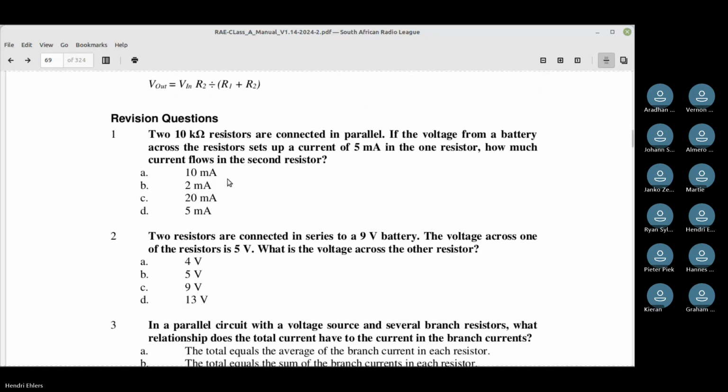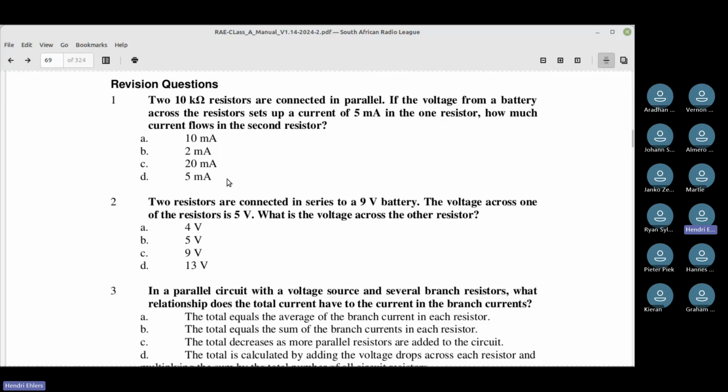So let's see the revision questions, how many of them we can answer correctly. Two 10K resistors are connected in parallel. If a voltage from a battery across those resistors sets up a current of 5 milliamp in one resistor, how much current will flow into the second resistor?